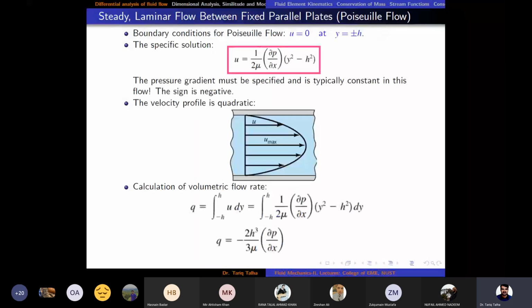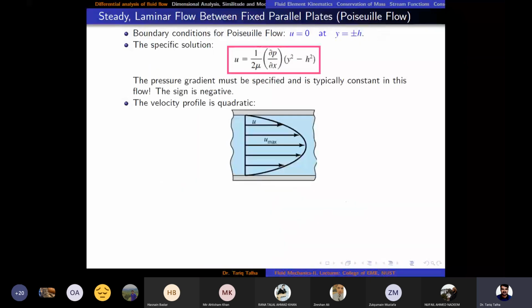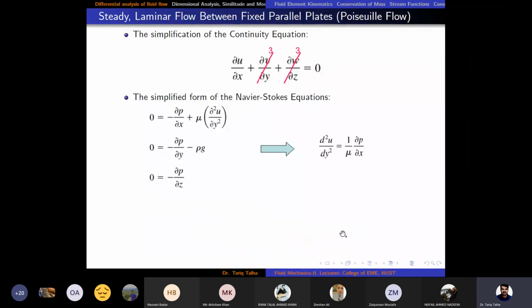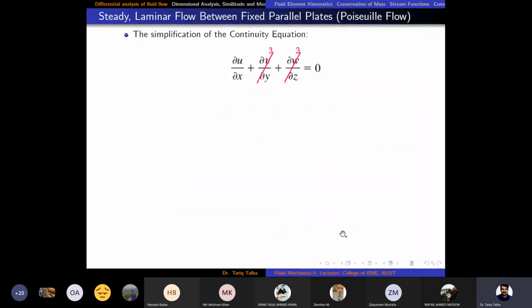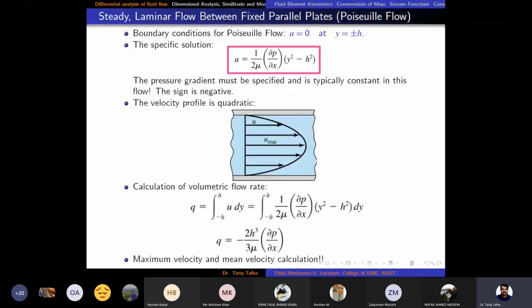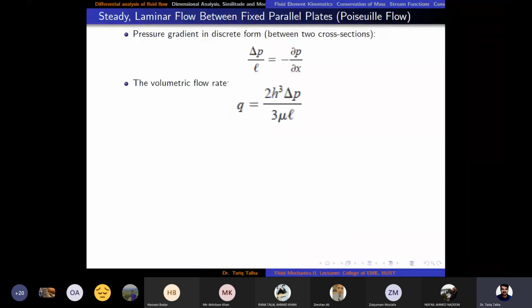Because we know that the general solution was u is equal to 1 upon 2 mu partial p by partial x y square plus c1 y plus c2. So the general solution would be the same for Poiseuille flow as well as for the Couette flow. The only difference here would be the application of the boundary condition.